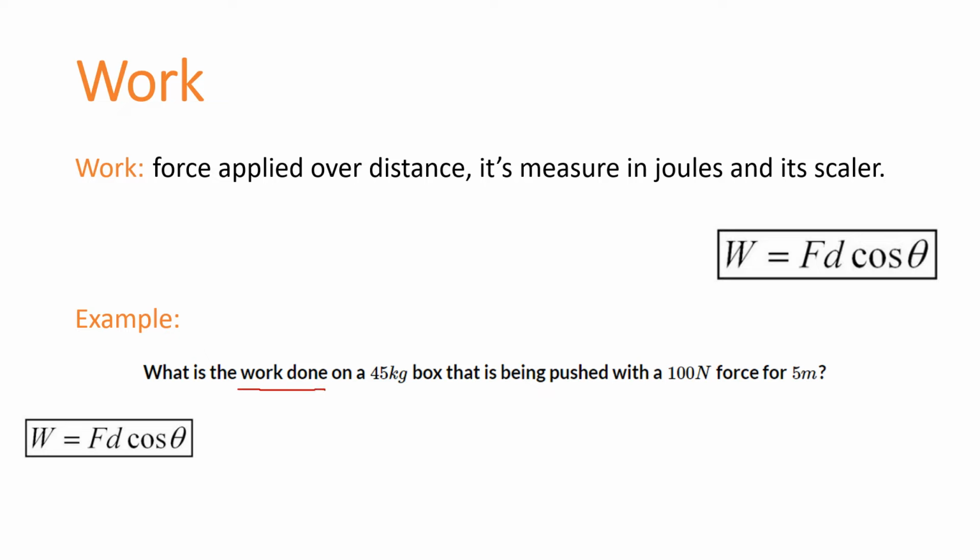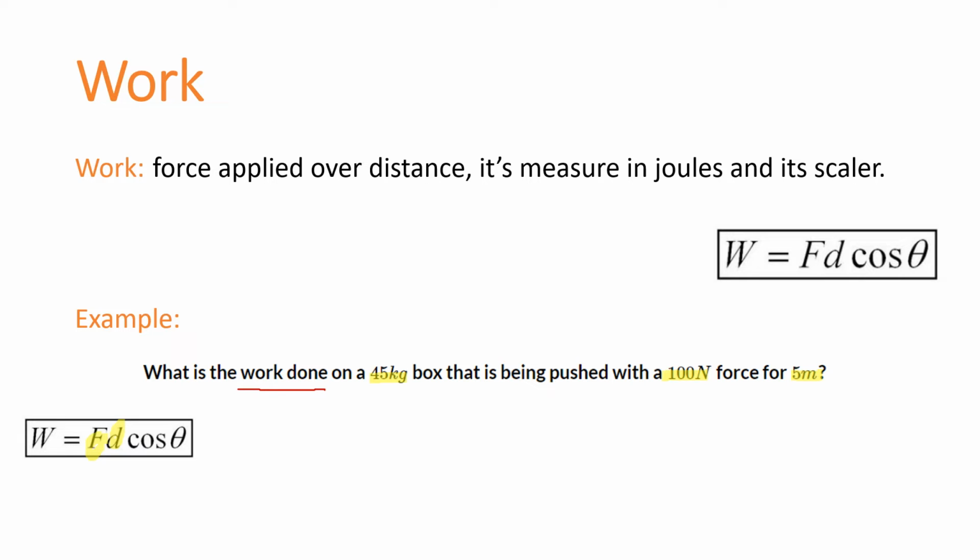We have the mass, we have the force, and we have the distance. In this equation, we use force, distance and cos theta, which is the angle, to find work. Here we don't have cos theta, so we cancel it.